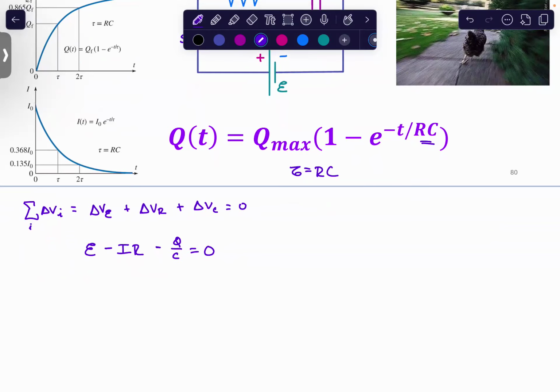So what we can say now, okay, so now we need to say, what is the definition for a current?